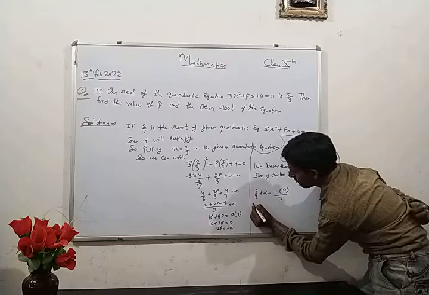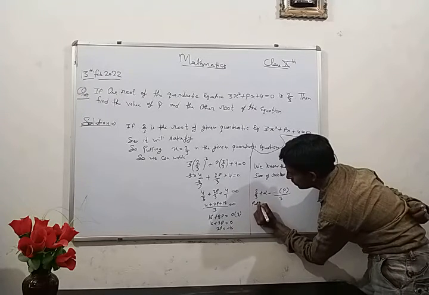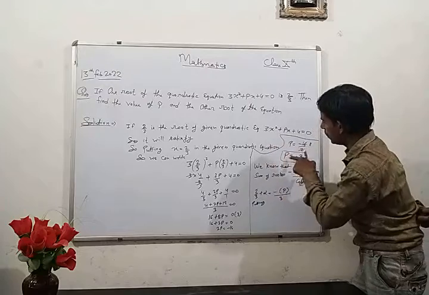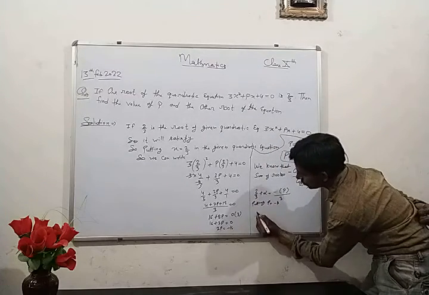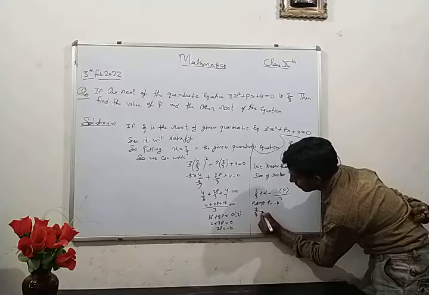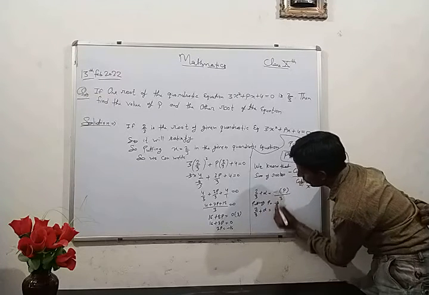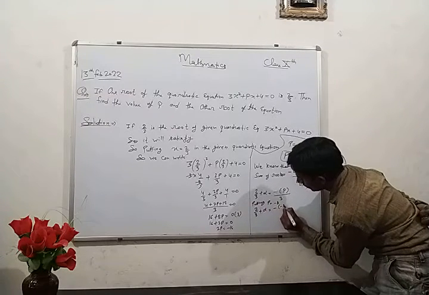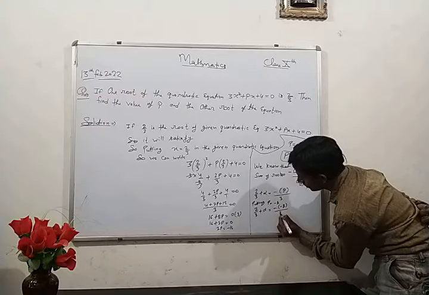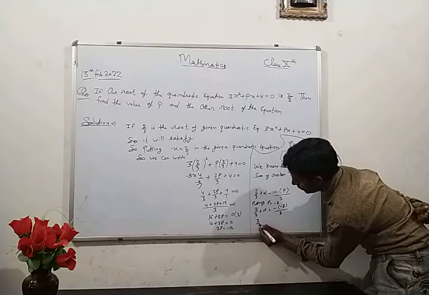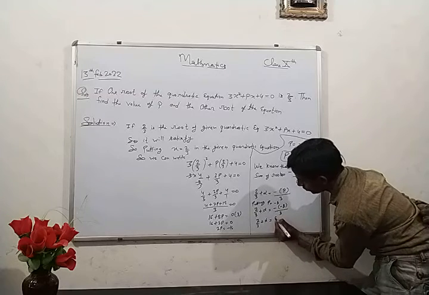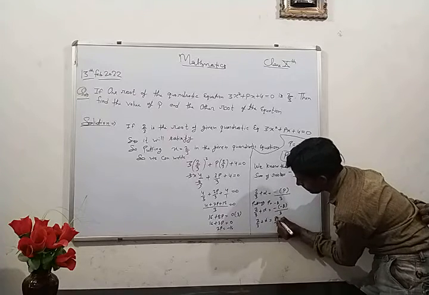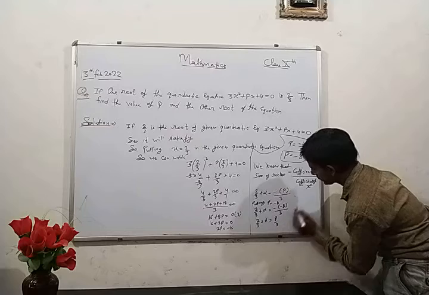Now putting p = −8: 2/3 + alpha = −(−8)/3, that is 2/3 + alpha = 8/3.